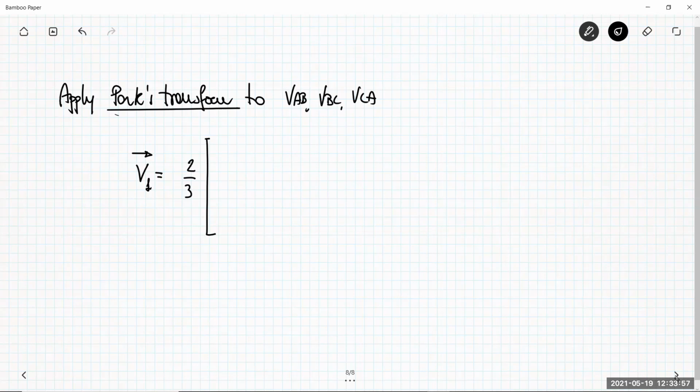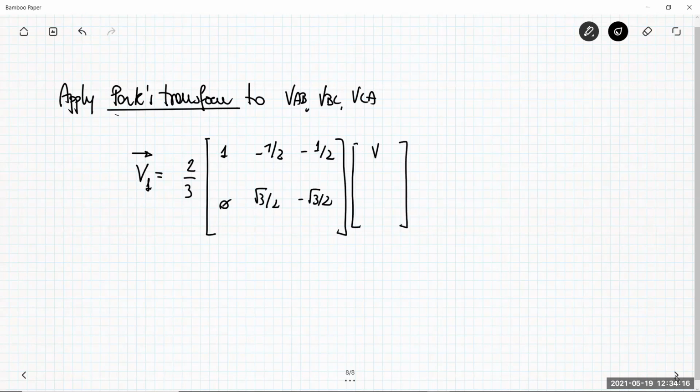Then we have the matrix transformation, which is 1, negative 1/2, negative 1/2, 0, square root of 3 over 2, negative square root of 3 over 2, applied to the three variables. The three variables are VAB, which is VD, VBC, which is 0, and VCA, which is negative VD.